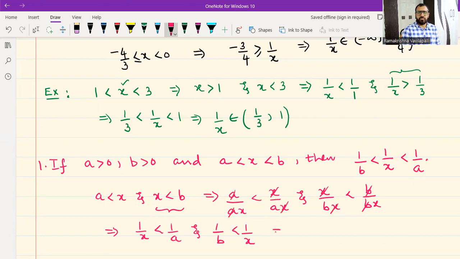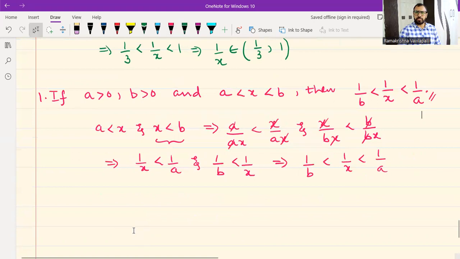So therefore 1 by x has upper value 1 by a and lower value 1 by b. So 1 by b less than 1 by x less than 1 by a. That we proved. So when both quantities are positive and you take the reciprocal, the left hand will be the reciprocal of the right hand of the given inequality, and the right hand of 1 by x is the reciprocal of the left hand of the given inequality.